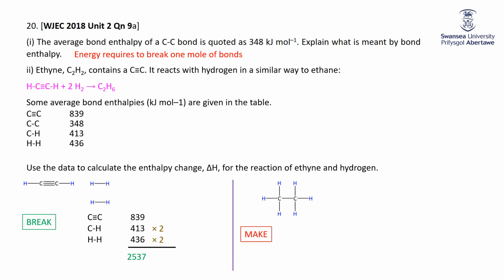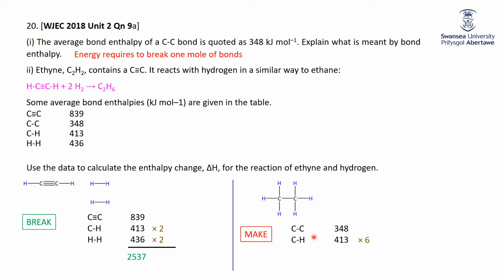Then over here for making, we make a carbon-carbon bond and we make 6 carbon-hydrogen bonds. Now notice I could have said, well, I don't actually break these carbon-hydrogen bonds here because they're still there. So what I could have done was just exclude carbon-hydrogen from here and then exclude 2 of those carbon-hydrogens from there.